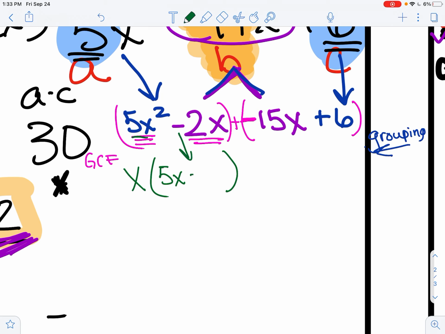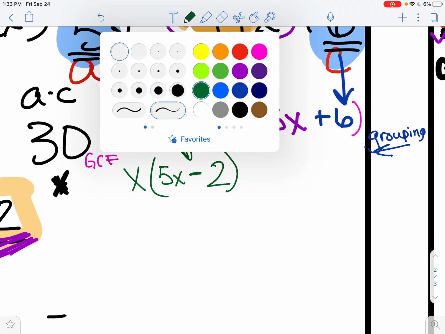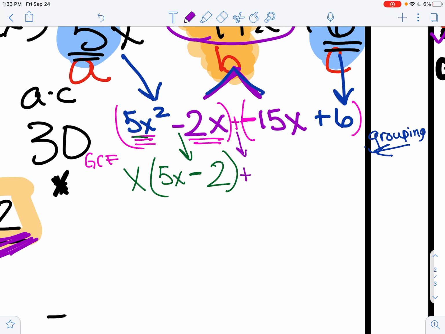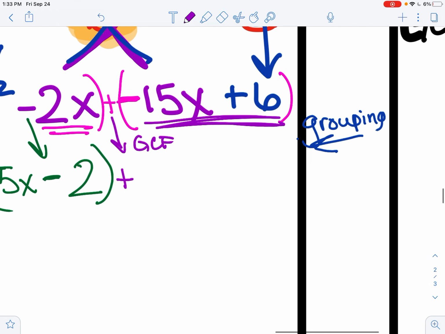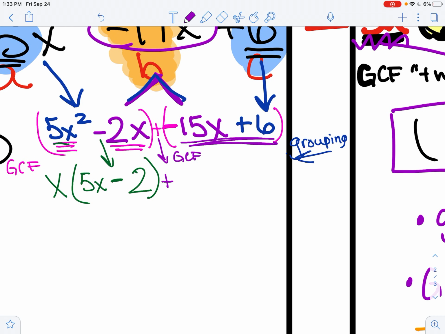I'm going to bring down the minus sign, and then x times 2 will get me back to the 2x here. I'm going to bring down this plus sign right here. And now I'm going to look for the GCF again for this group. So I'm looking at negative 15 and 6. I know I can pull out a negative 3.